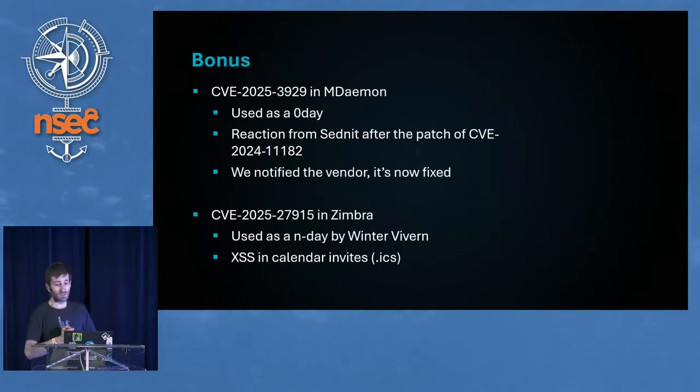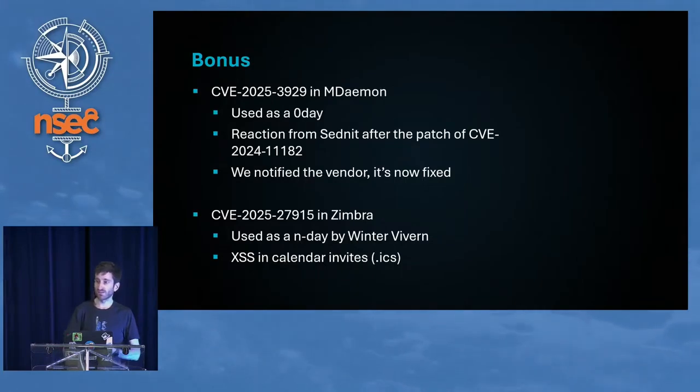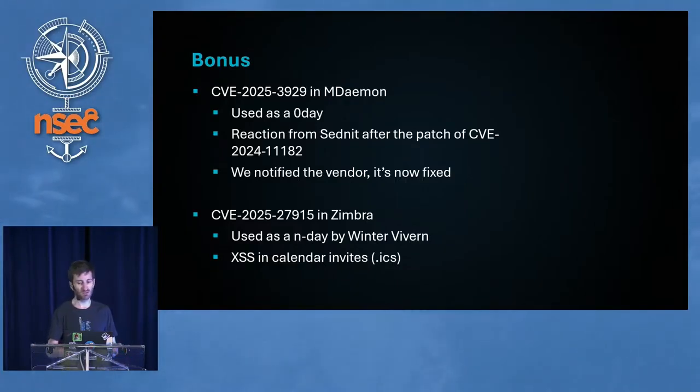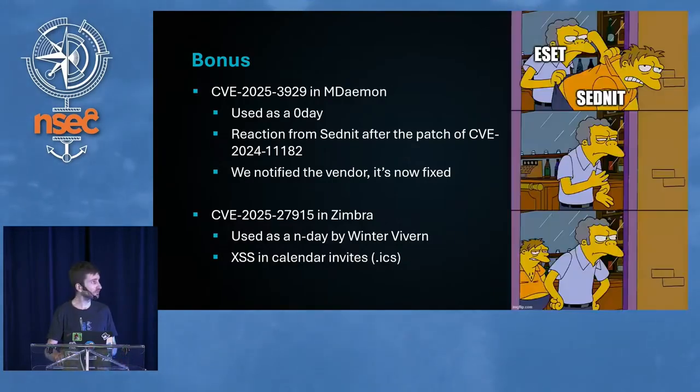I have two more examples, but they are quite fresh, so I decided not to show how to exploit those vulnerabilities. The first one is another XSS in MDaemon exploiting another flaw in the HTML parser. It was actually used as a 0-day by SednNet a few weeks after their first vulnerability was patched. So this is a bit the story of our research.